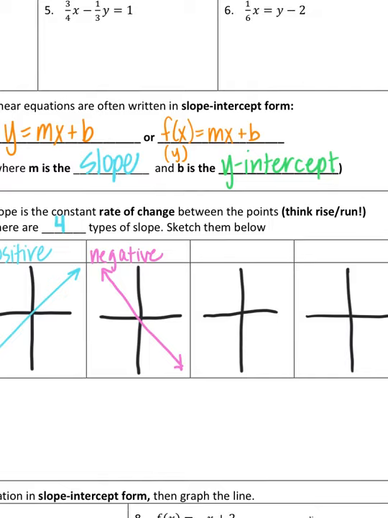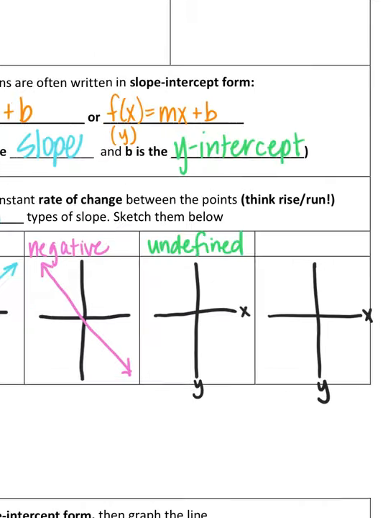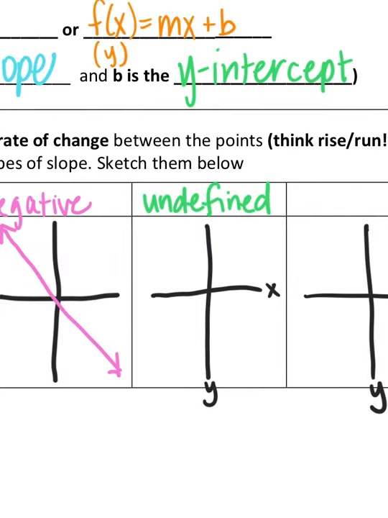Okay, for the next 2, I'm going to go ahead and label our x and y, because it makes a little more sense if we have our x and y labeled here. The next one is undefined. An undefined slope is always going to be a vertical slope. It's always going to go through the x-axis somewhere.